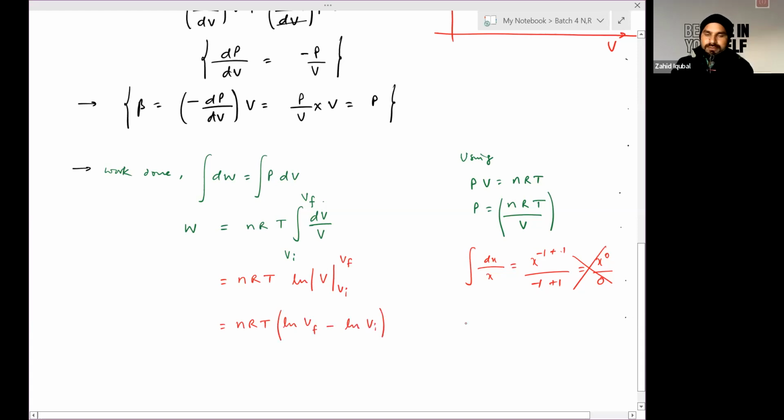Using the property of log, log m minus log n equals log m by n. So we may write nRT ln V final by V initial, which is equal to work done.